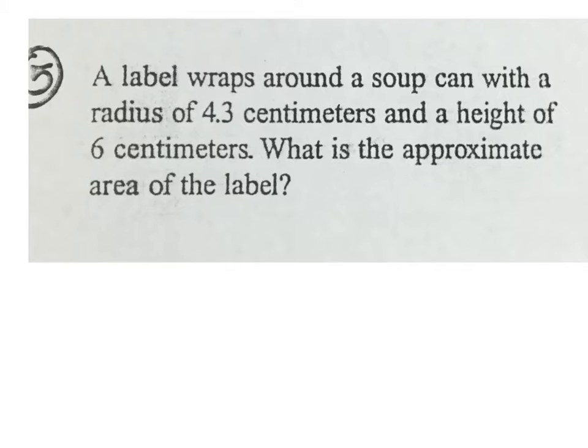Okay, number 5. A label wraps around a soup can with a radius of 4.3 centimeters and a height of 6 centimeters. What is the approximate area of the label? Again, it doesn't tell us exactly what it is, but we know that a soup can is a cylinder. All right. Now, we can draw the cylinder. Let's draw that.